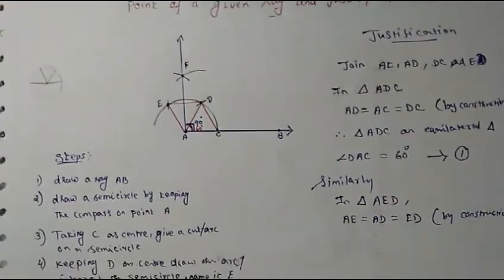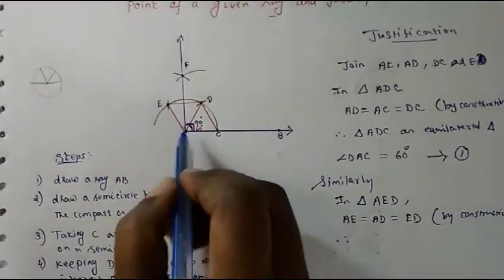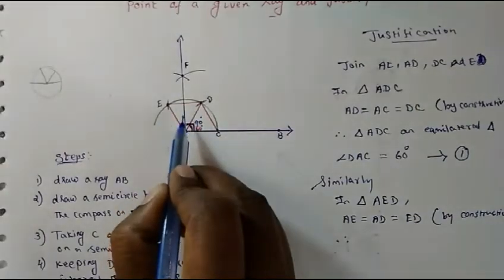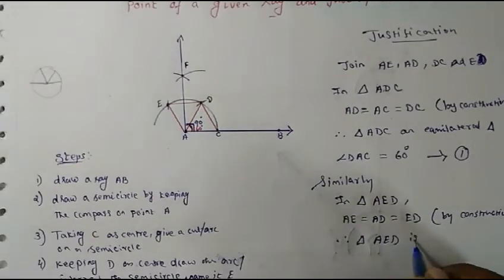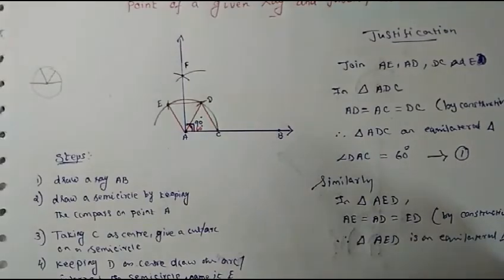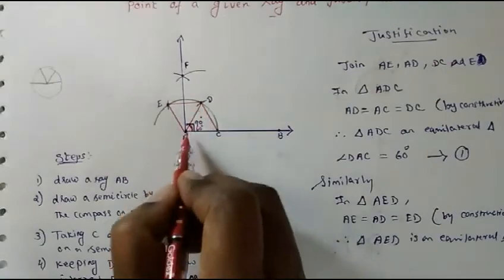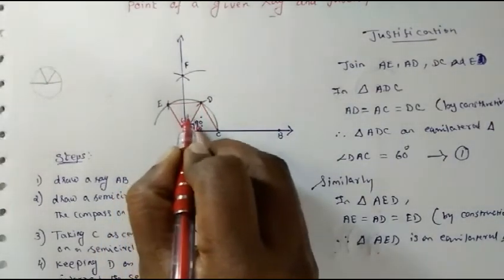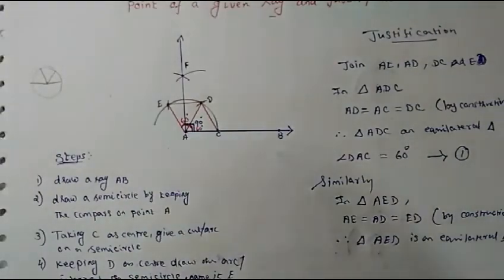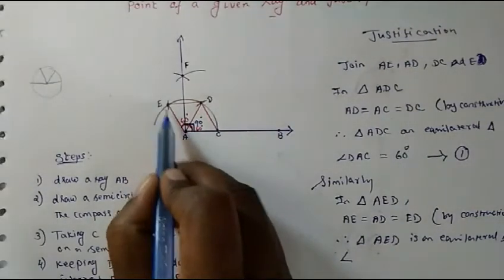Therefore triangle AED is also an equilateral triangle. So all three angles will be 60 degrees. So angle EAD will be 60 degrees.